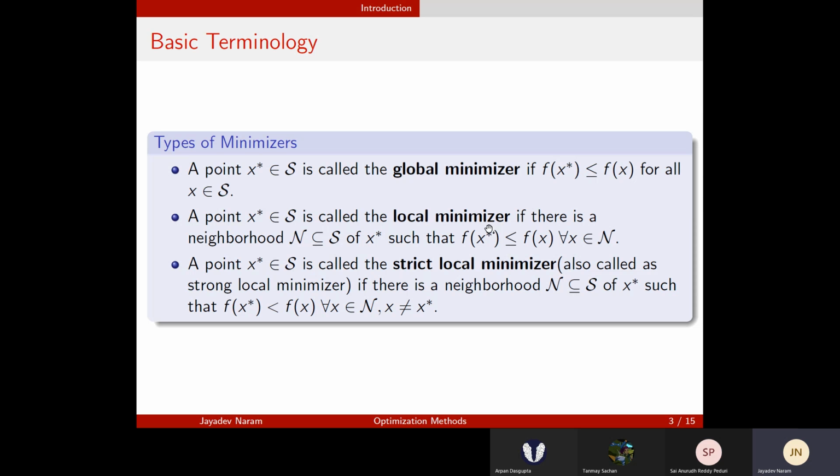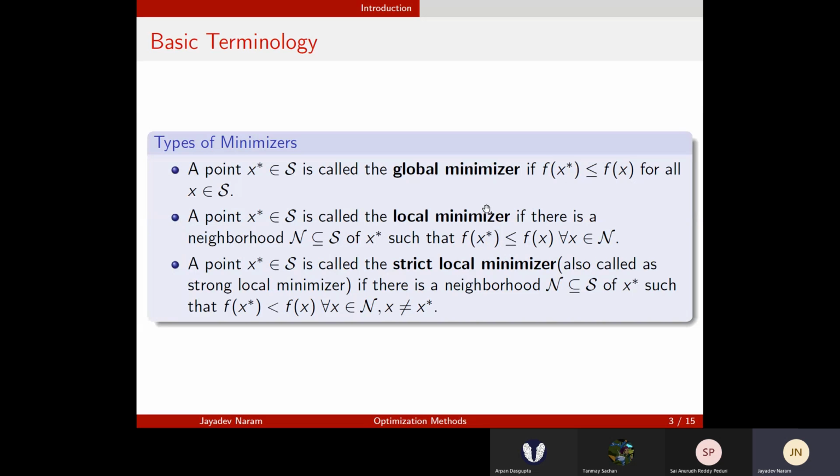And for the local minimizer, we say it is a minimizer only in a local neighborhood of this point. If you are not very clear with what neighborhood means, it is a topological concept. For now, it will suffice to take it as an open sphere about x naught, and in that open sphere, for every point, this condition is satisfied.